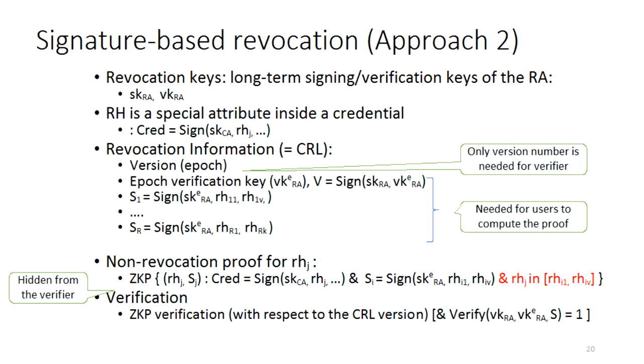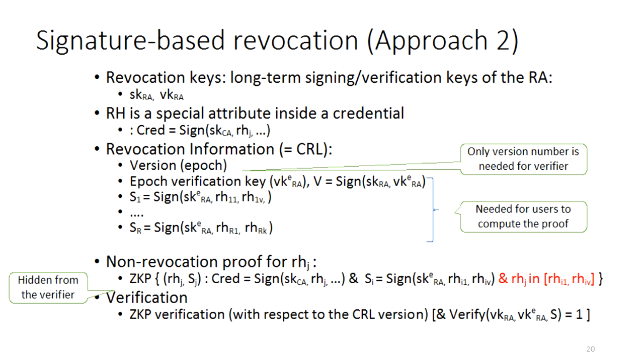So the amount of signatures is now proportional to the number of revoked users, because if you look at all revocation handles as a list, and then you revoke here and there, you only need to sign the ranges that are valid. In that case, the CRL and the computational power, the amount of signatures that the authority needs to compute, is only linear in the number of revoked users.